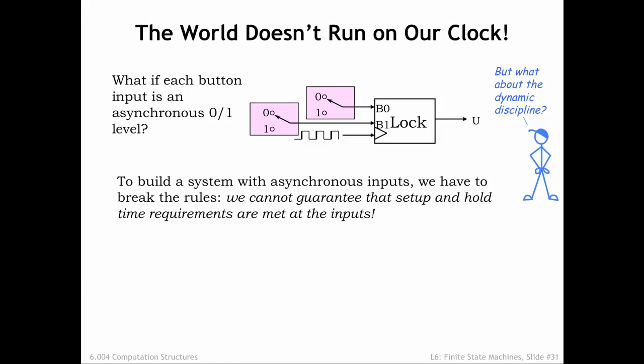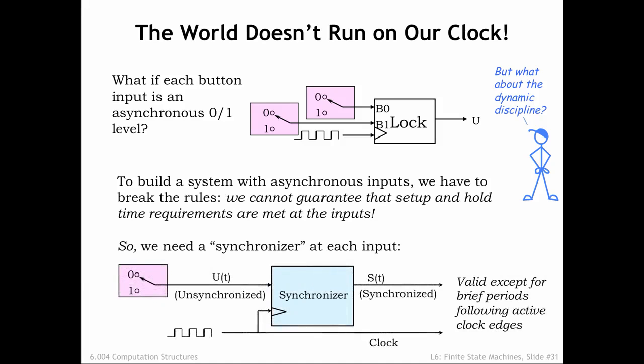Clearly, if the input can change at any time, it can change at a time that would violate the setup and hold times. Maybe we can come up with a synchronizer circuit that takes an unsynchronized input signal and produces a synchronized signal that only changes shortly after the rising edge of the clock. We'd use a synchronizer on each asynchronous input and solve our timing problems that way.